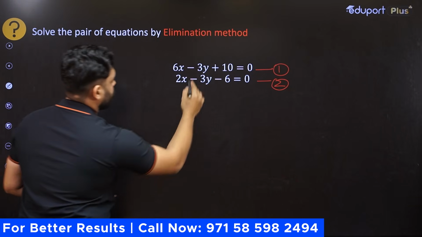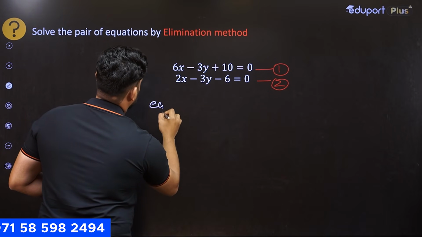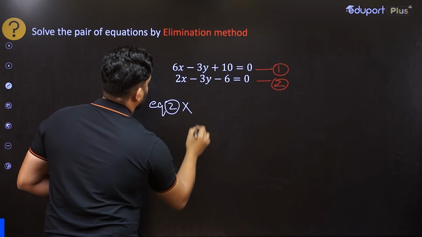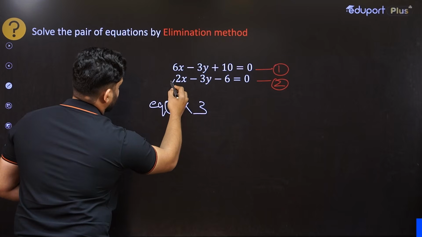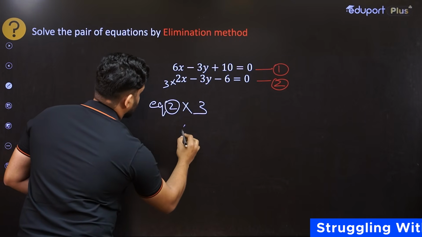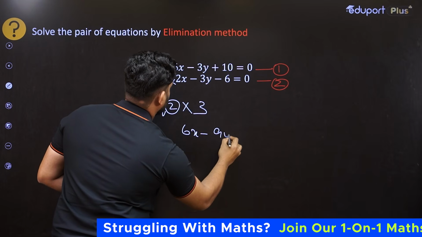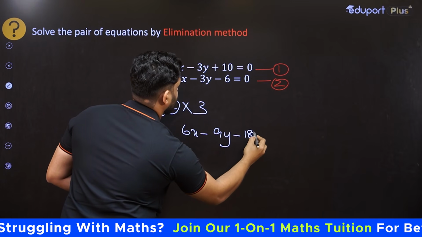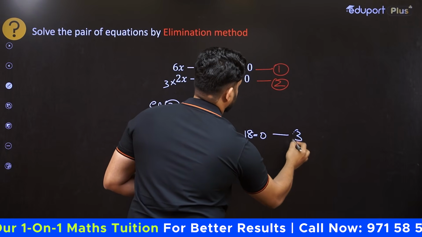We will make the variables the same. Okay, let's multiply equation 2 with 3. So what we will get? If we multiply this equation with 3, we will get 6x minus 9y minus 18 is equal to 0. Let's name it as equation 3.